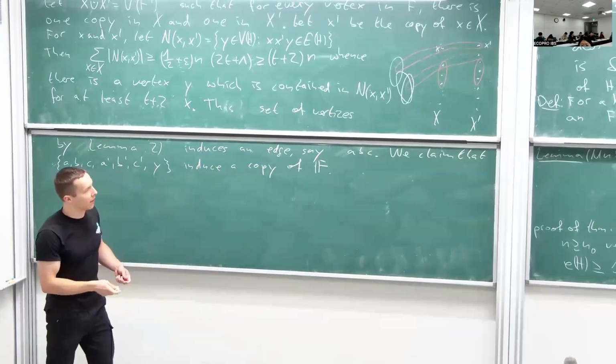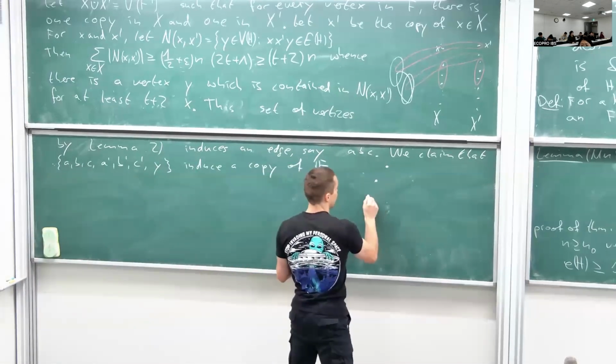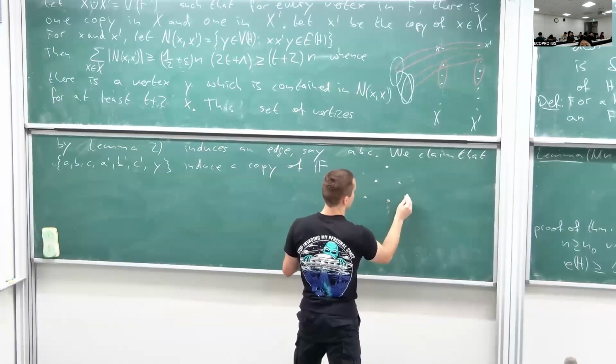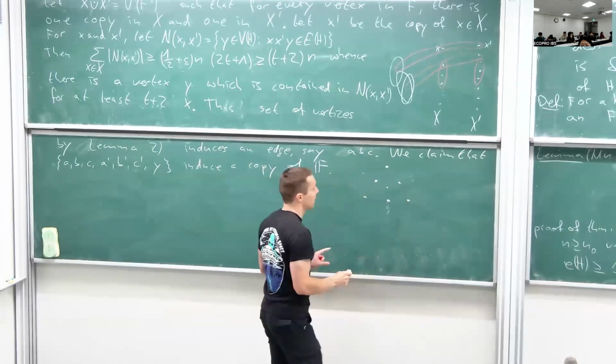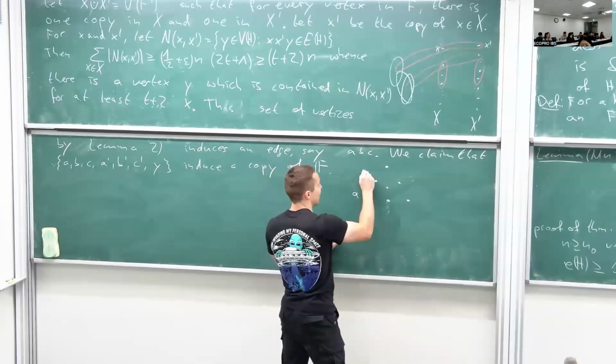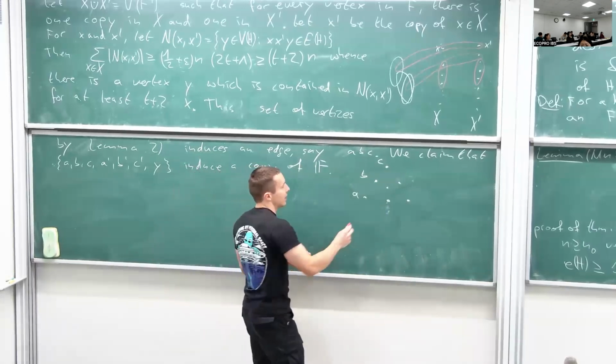Okay, so let's check that. We will draw the Fano plane like this, and I mean, it doesn't really matter, but let's just put this ABC here.